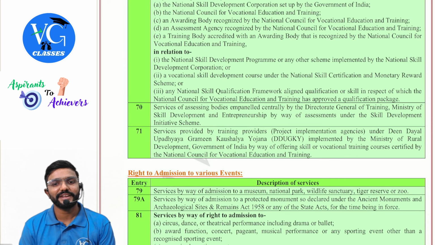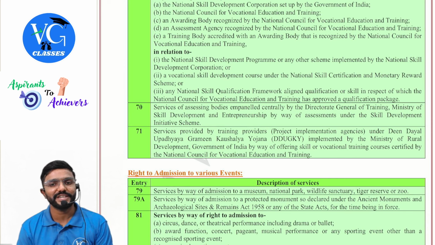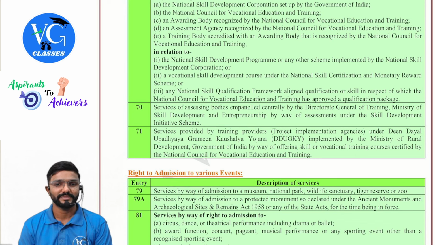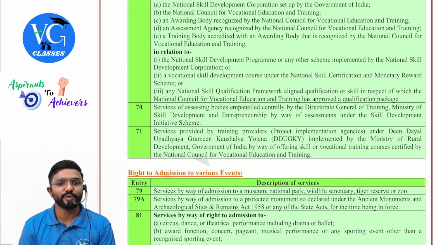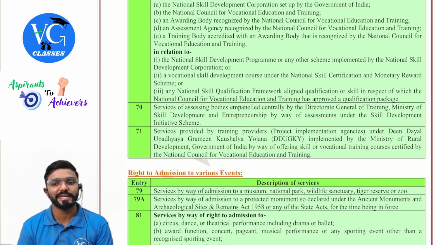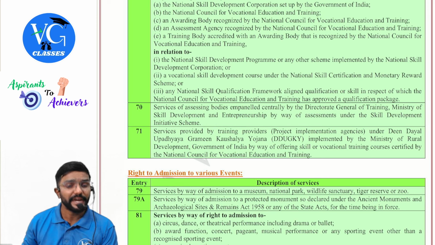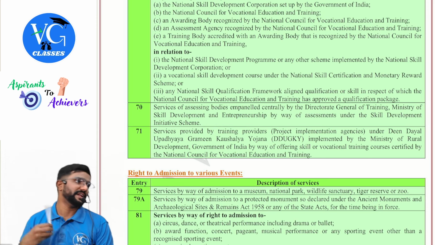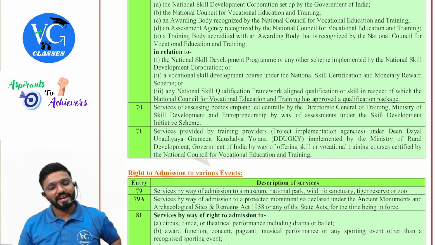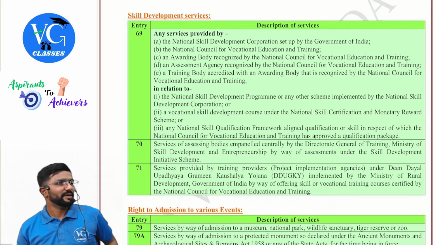Services provided by training providers, project implementation agencies under Deen Dayal Upadhyaya Gramin Kaushalya Yojana, implemented by Ministry of Rural Development, Government of India, by way of offering skill or vocational training courses certified by National Council for Vocational Education and Training, guys.